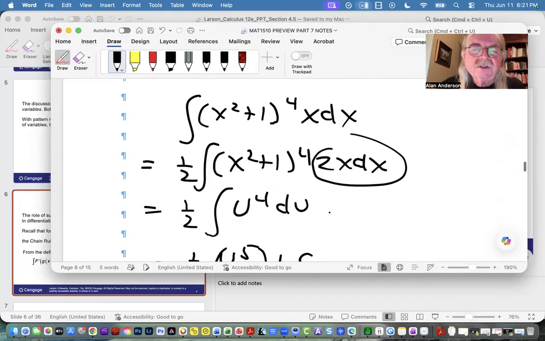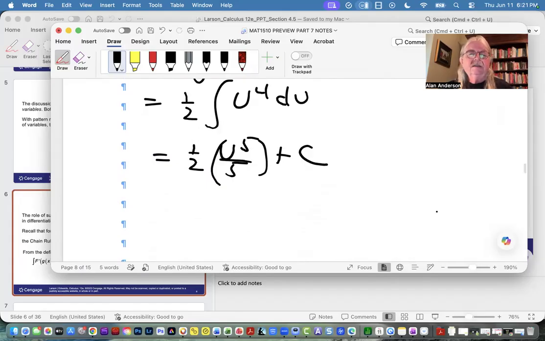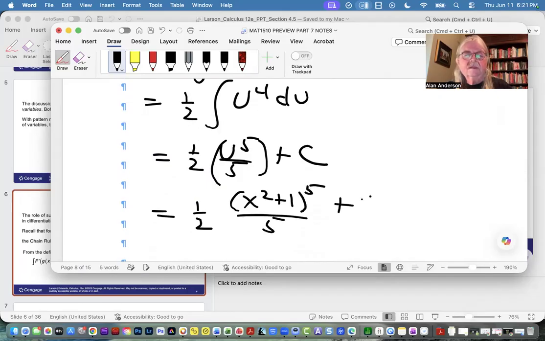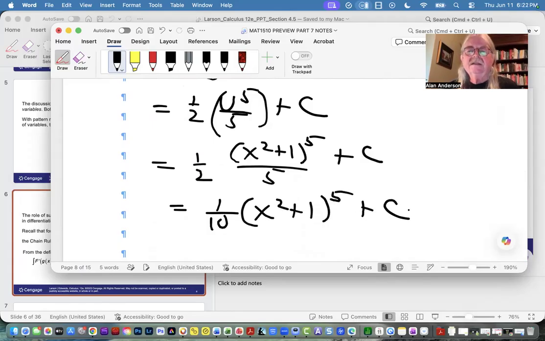And we make our substitution. u was defined as x squared plus 1. And of course, I can multiply the 1/2 by the fifth there, and that becomes 1/10. And that's it.